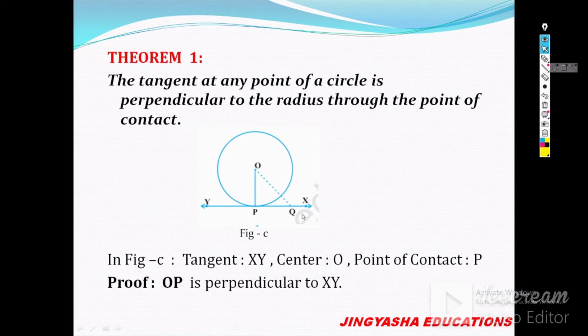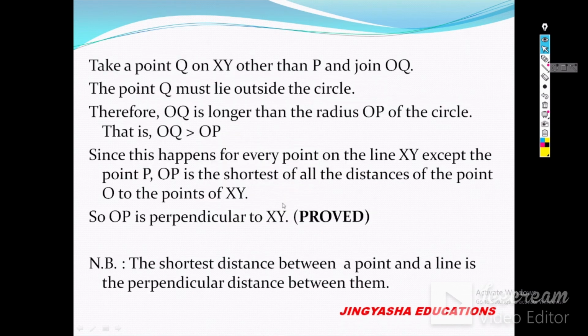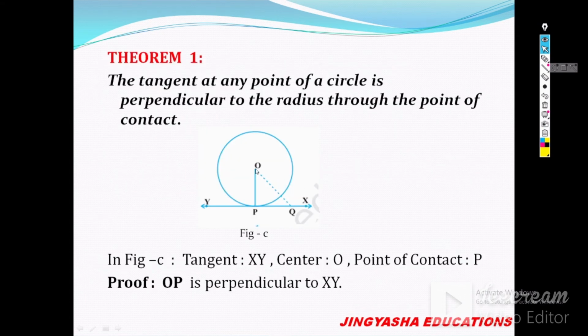So this line OQ is a connection between the center and a point outside the circle. Therefore OQ is longer than the radius OP of the circle. See, the radius is the line between the center and a point on the circle.